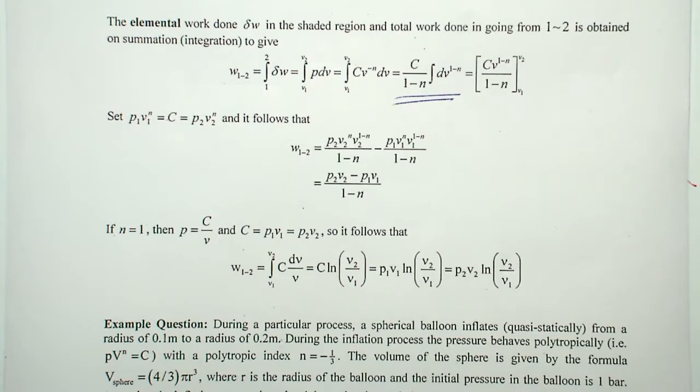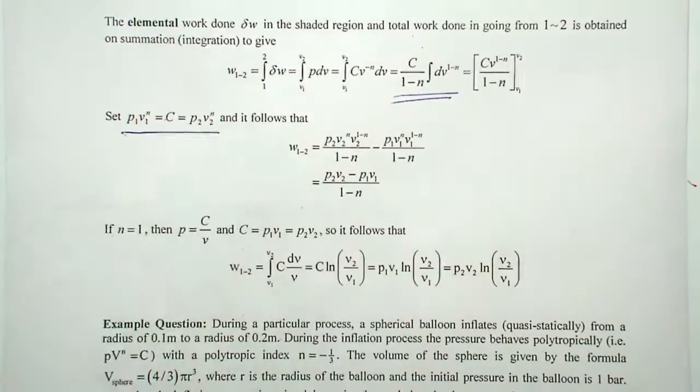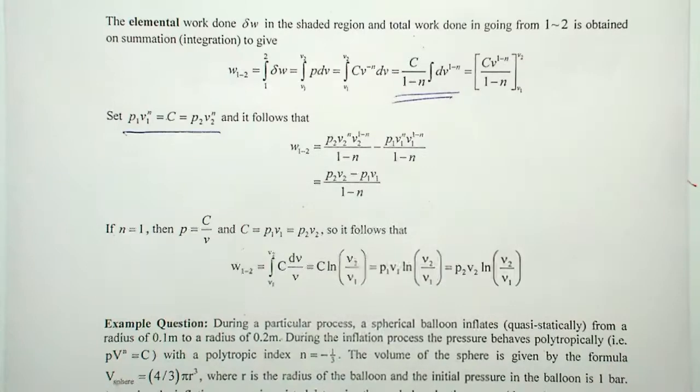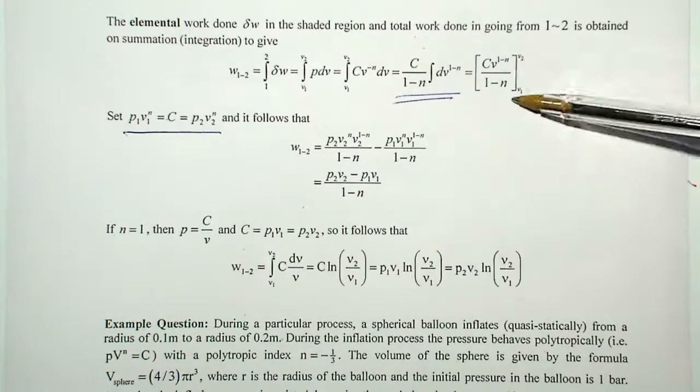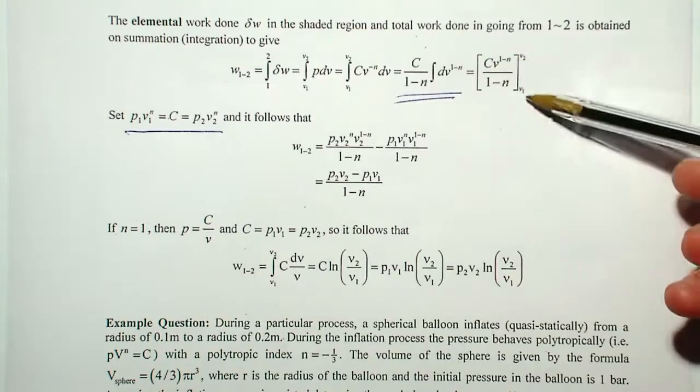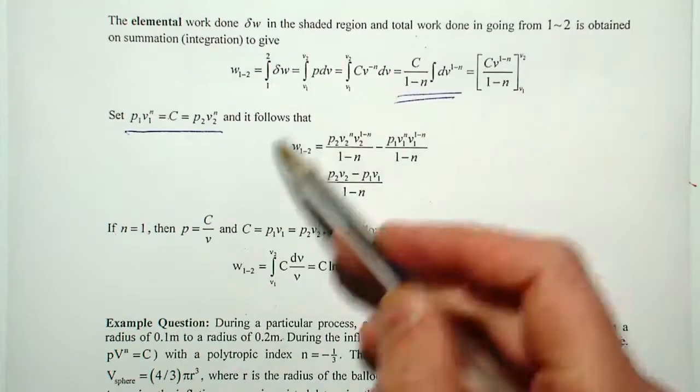So let's just remind ourselves that P1 V1 to the power of n is equal to a constant, that we know. That, of course, must be equal to P2 V2 to the power of n as well. And of course, you can use the same subscript for 3, 4, 5, etc. So if I now want to go from here to here, essentially you want to insert these constants into the equation here. So you need to replace v with v2 and then with v1. This is what you get.